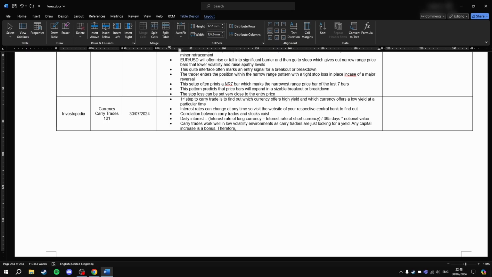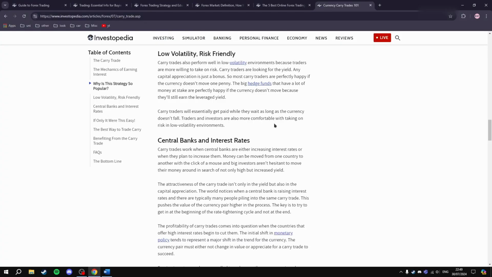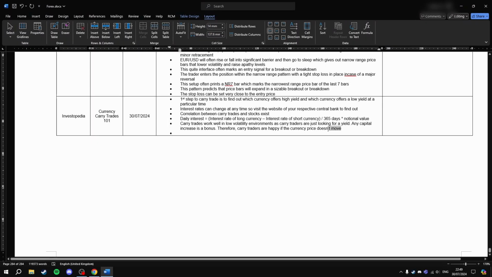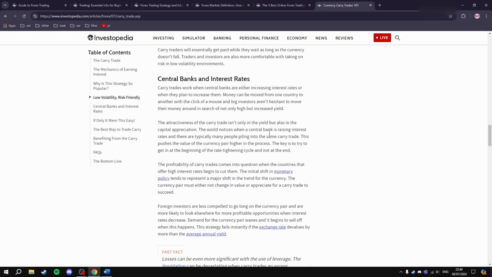Therefore, carry traders are happy if the currency price doesn't move, as long as the currency doesn't fall. Carry traders will essentially get paid whilst awaiting, as long as the currency price doesn't fall. Traders and investors are also more comfortable taking on risk in low volatility environments.